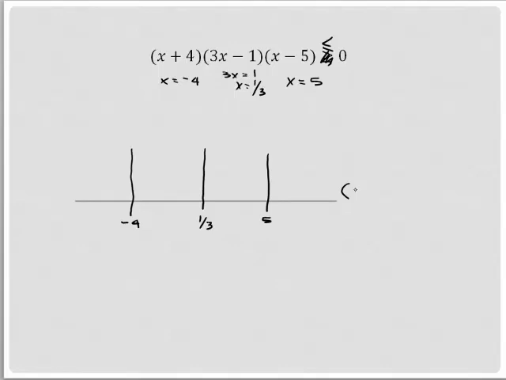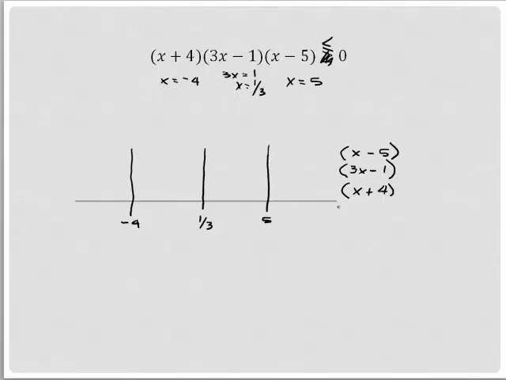Now I have to do all 3 binomials. x plus 4. This is where this little charting comes in very handy. Okay, 3x minus 1 and x minus 5. Now we're going to do the same thing, only we have 3.